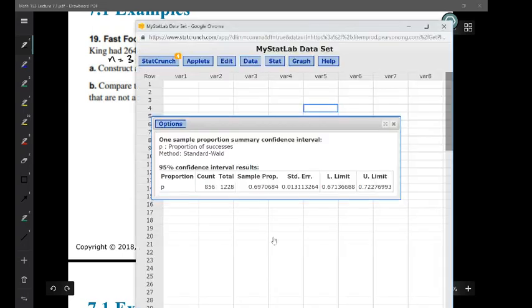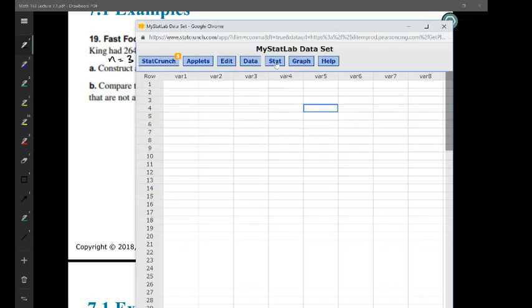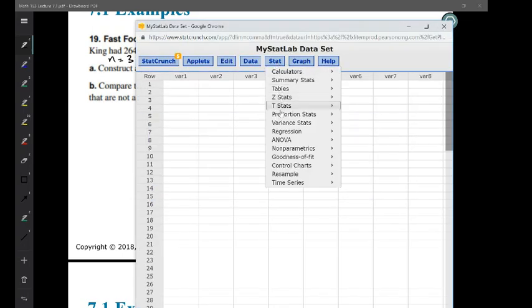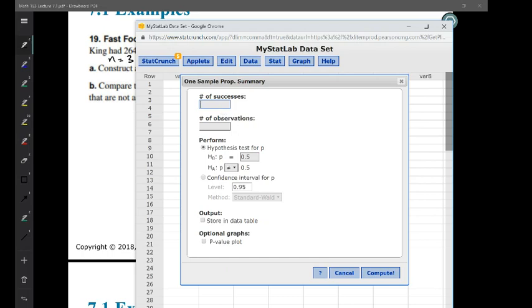So go to StatCrunch, and it's Stat, Proportion Stats, One Sample, With Summary, and the number of successes 54, number of observations or trials 318. Click on confidence interval for the sample proportion and change that to 0.99 for a confidence level of 99%. Then compute.